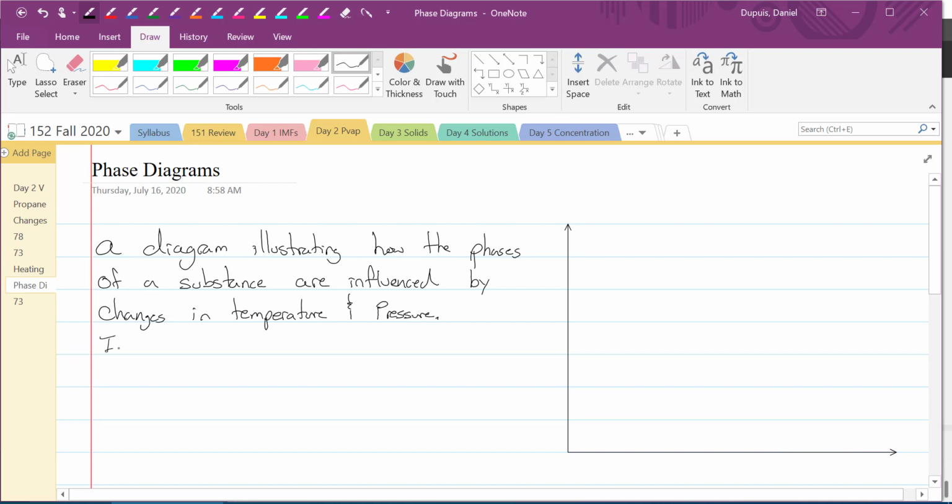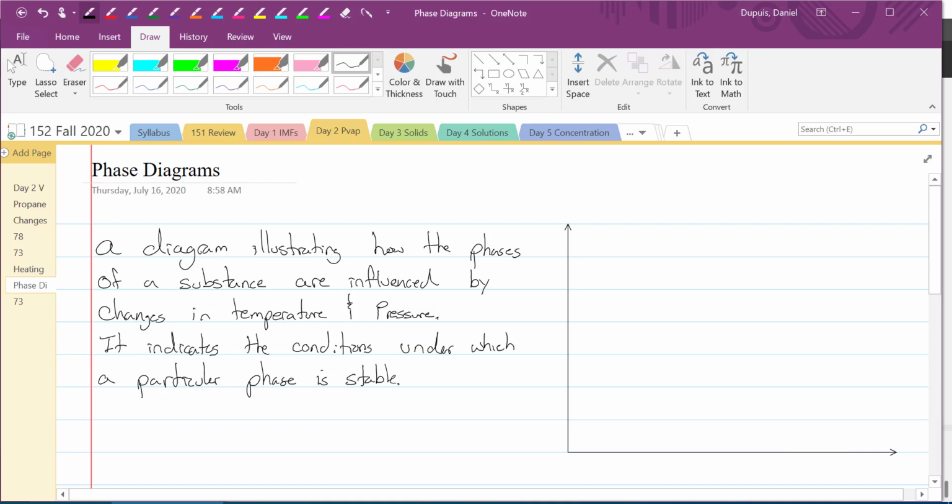It indicates the conditions under which a particular phase is stable.